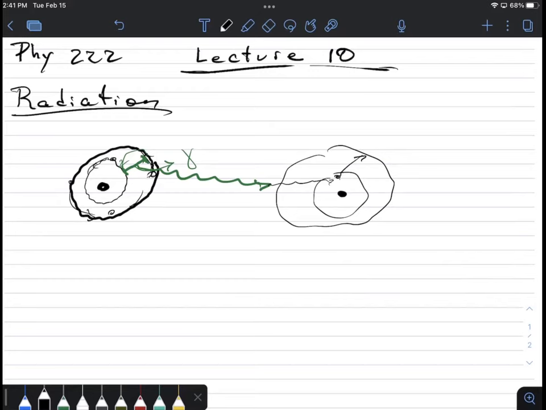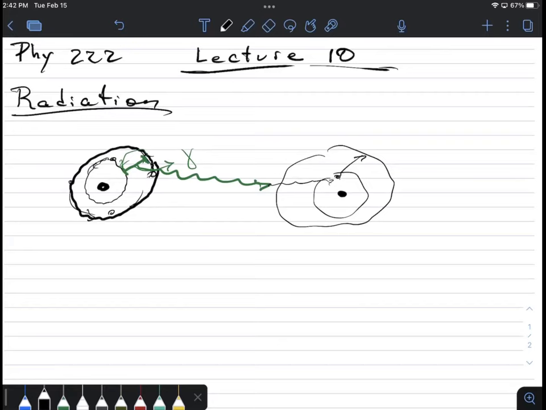If it's in another range, we call it radio. Another range, it's microwave. Something else, it's gamma waves. Visual. Different ranges of the spectrum, different amounts of energy, are just named different things. And so that's what radiation is as a physical concept, what's going on.